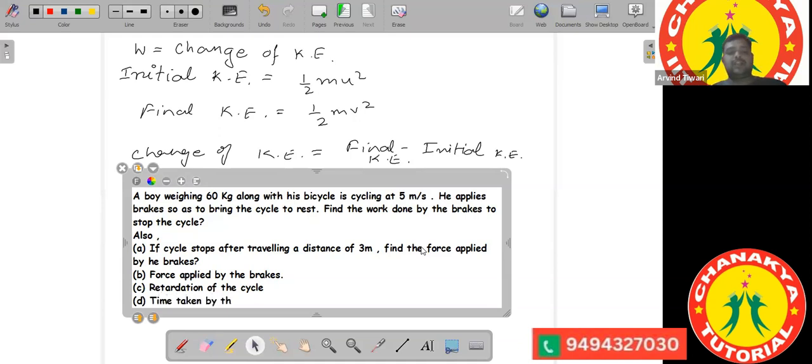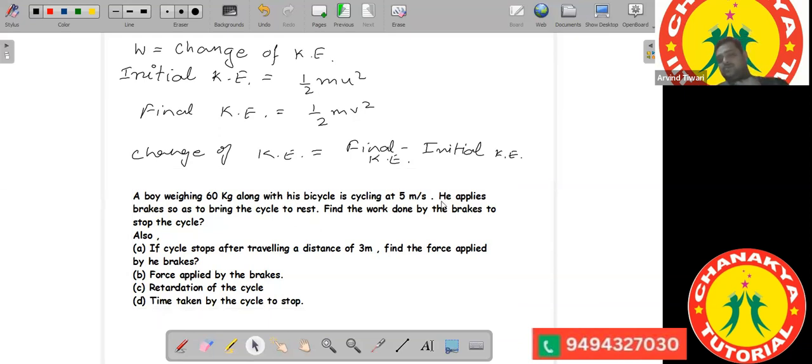So this question will revise all your concepts, even from the previous chapters. See the first part.